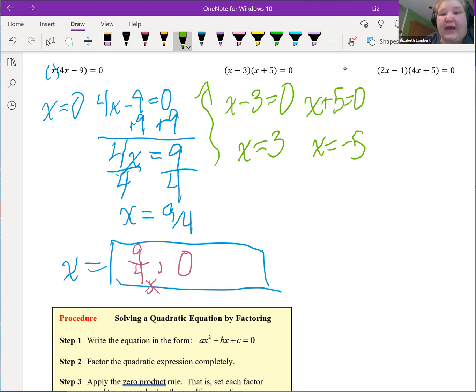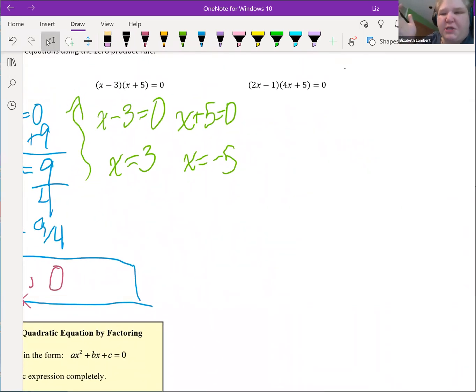I know a solution is 3, and you have to be able to know that means x equals 3, which means I move it back, x minus 3 equals 0, or x equals negative 5, move it back, x plus 5 equals 0, and then both of those become factors. So just say for the future.